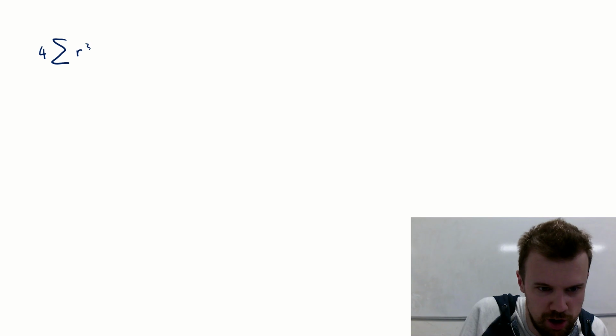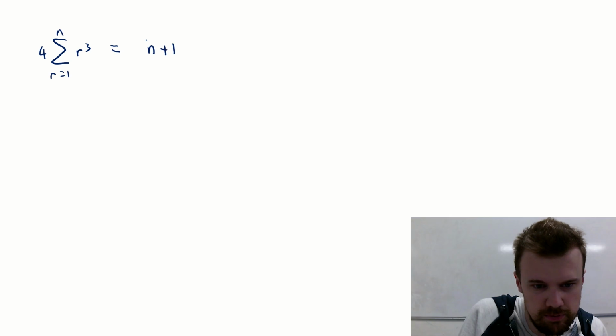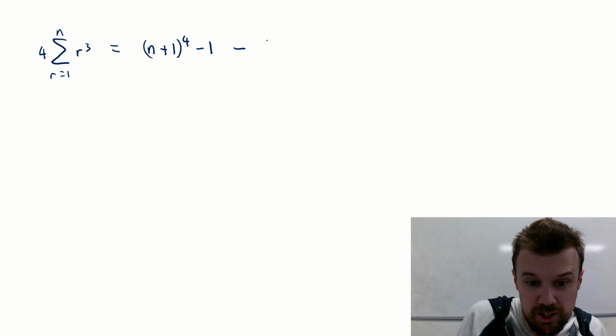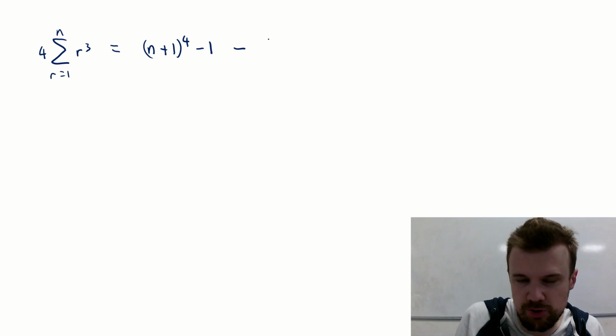So what this allows us to do is find the series formula for the 4r to the power of 3. So the series formula for 4r to the power of 3 from r equals 1 to n is going to equal that n plus 1 to the power of 4 minus 1 that we had just previously found, minus all those other parts of the series formula we didn't want.